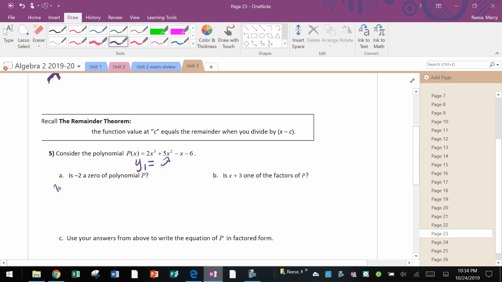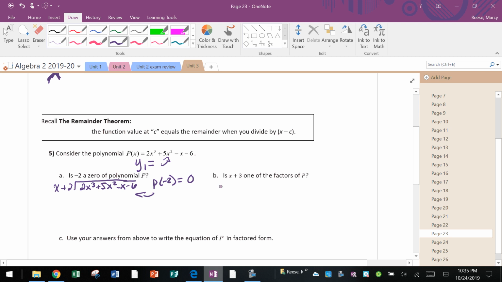If I were to do x plus 2 divided by 2x cubed plus 5x squared minus x minus 6, go to your table and look to see: what is p of negative 2? What is the result? What is the y value? You should see 0. So if I were to do this division, the remainder is 0.